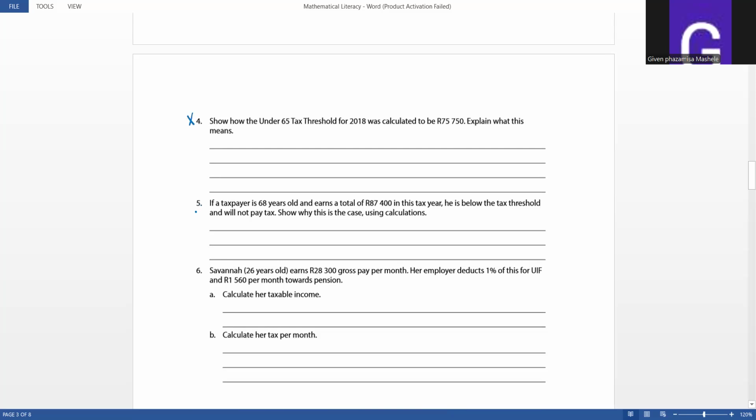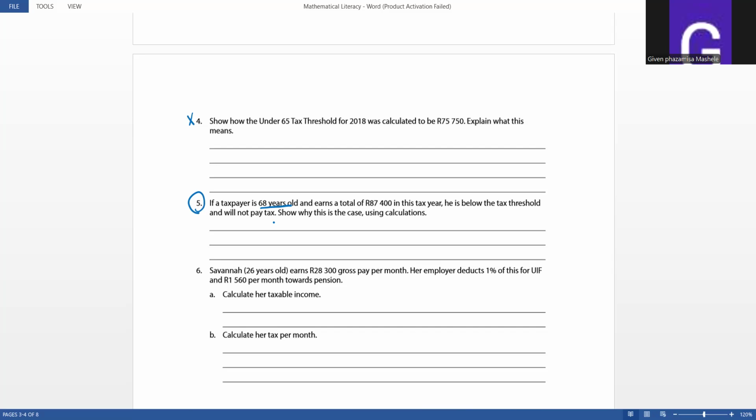Number 5. If a taxpayer is 68 years old and earns a total of 87,000 in this tax year, he is below the tax threshold and will not pay tax.